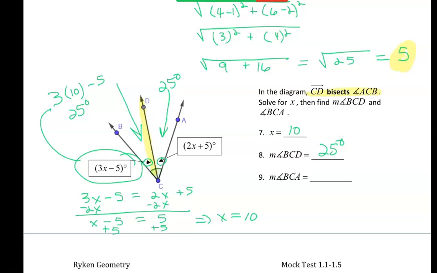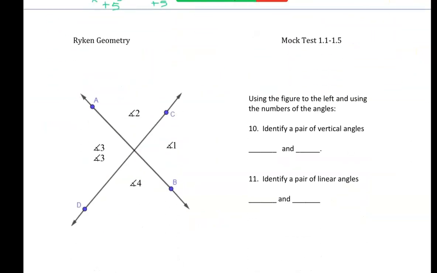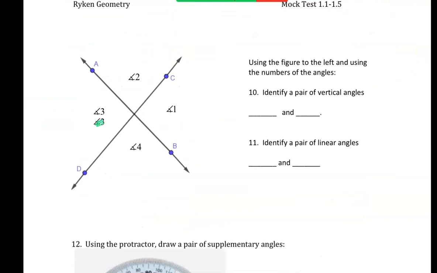This asks for BCA. That's the big angle. So that's going to be 25 plus 25, which equals 50 degrees. Okay? Bisectors make 2 equal angles. Okay, you can ignore this extra little 3.